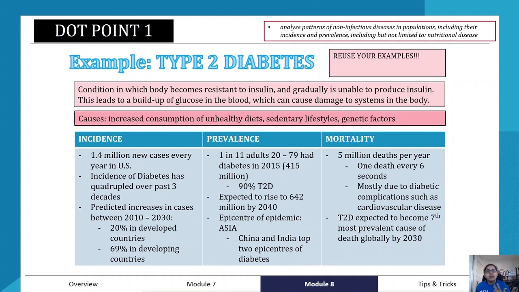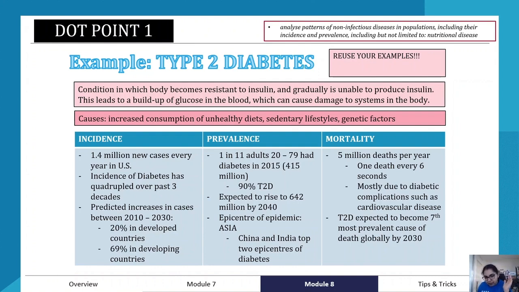It started off with your body needing more insulin to come back to normal glucose levels, and over time the body just gives up and becomes resistant to insulin. We are expecting that the prevalence will rise to 642 million by 2040.